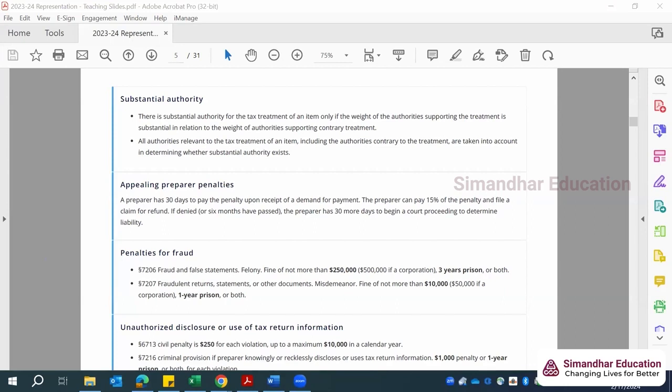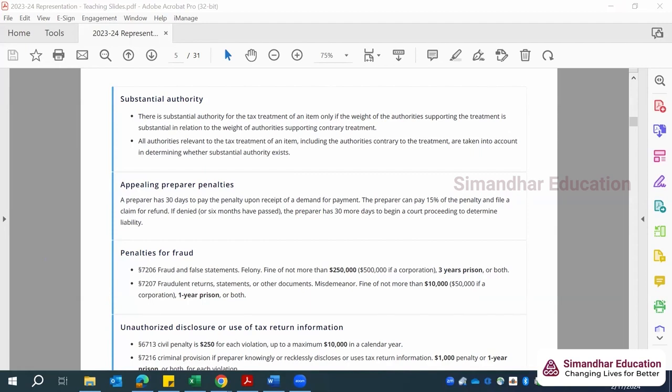So the notice of deficiency is issued by the IRS, and the court is the one which just decides whether the penalties are appropriate or not. And they may assess additional penalties if they think that the taxpayer wasted the court's time or if they feel that the IRS did not do what they were supposed to do.